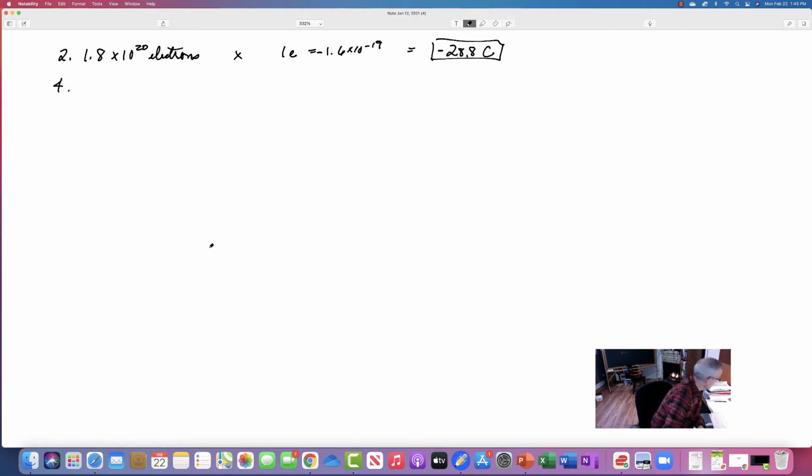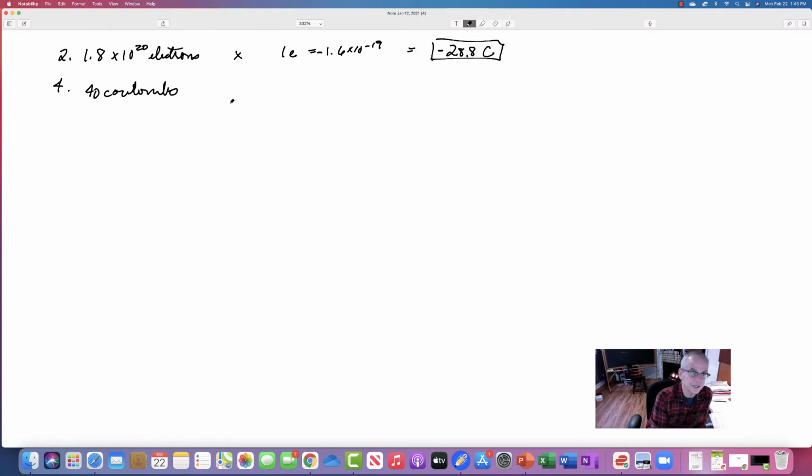Number 4, a certain lightning bolt moves 40 coulombs of charge. How many fundamental units of charge, that is Qe, is this? So you have 40 coulombs of charge. How many fundamental units is it?